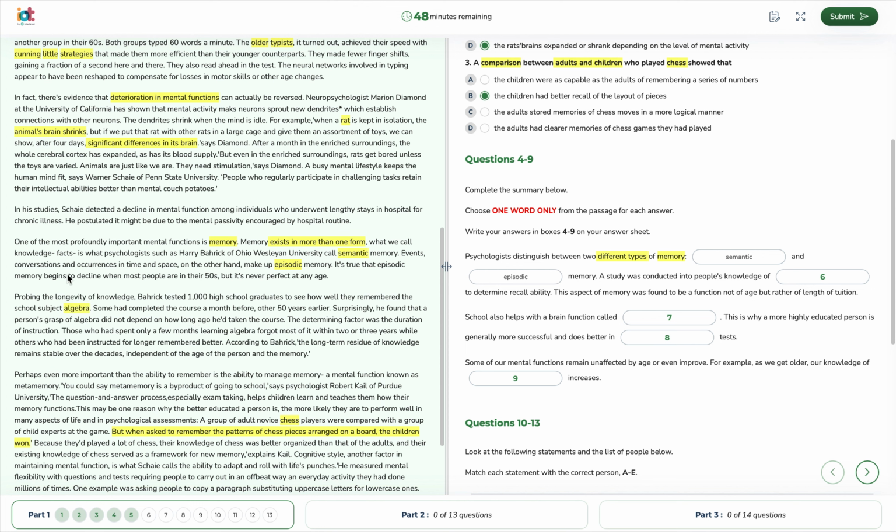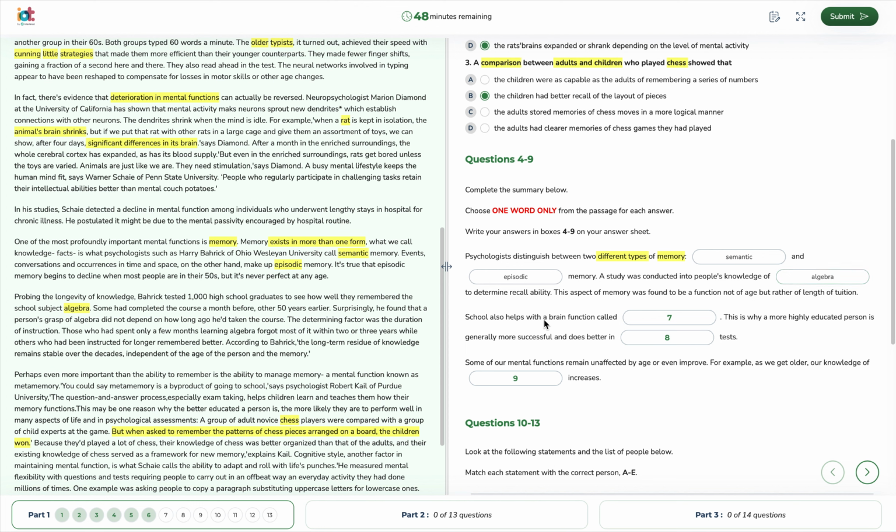So what was the test done on? People's knowledge of the subject algebra. So the answer for this one will be algebra, and ensure you are writing the correct spelling. If you are giving a computer-based exam, they won't highlight spelling mistakes, so you have to be very careful.